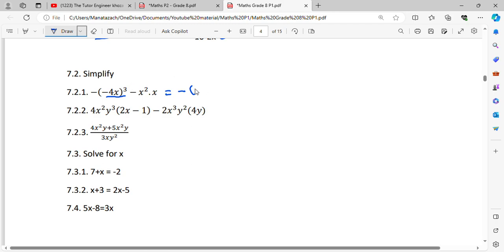When you cube, the minus sign will come back, so it's going to be minus 64 x cubed. Then you close the bracket, and then minus x squared times x will give you x cubed. So this can be further simplified as minus times minus is positive 64 x cubed minus x cubed. The answer is 63 x cubed.